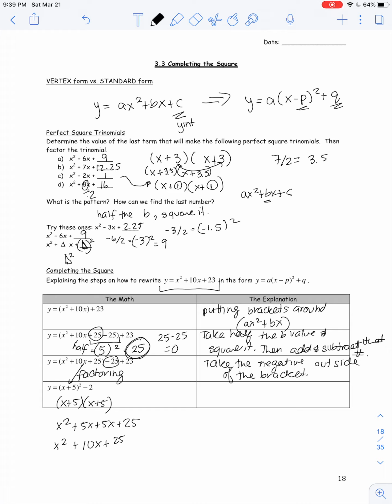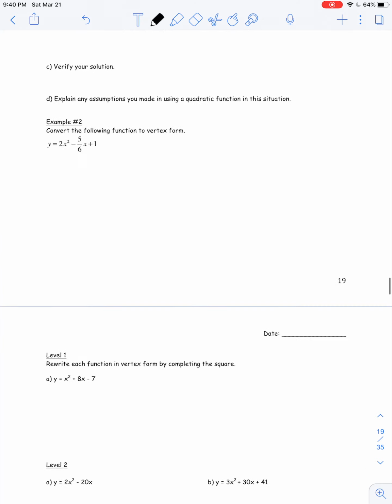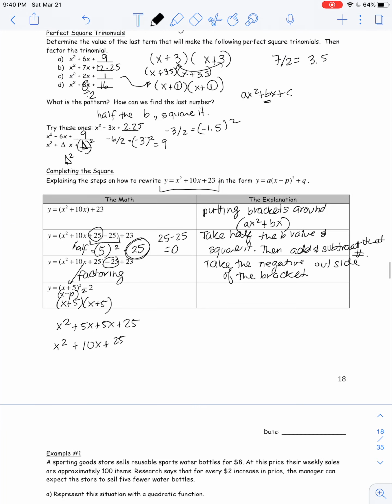So the trick is, I want to be able to factor it so I get that x minus p squared form. The only way to get that p value is to take half of that b value. So if I take b divided by 2, that is the same as your p value. And then you just have to put squared outside the bracket, and your q is by combining the negative 25 and the positive 23 together.